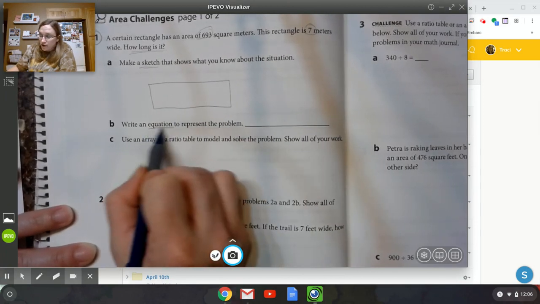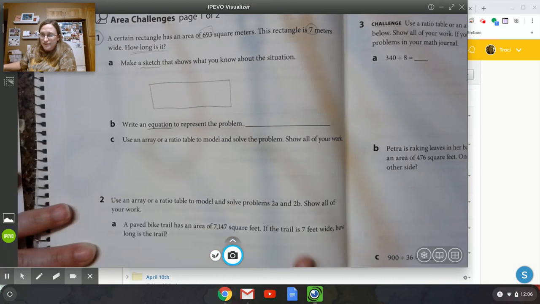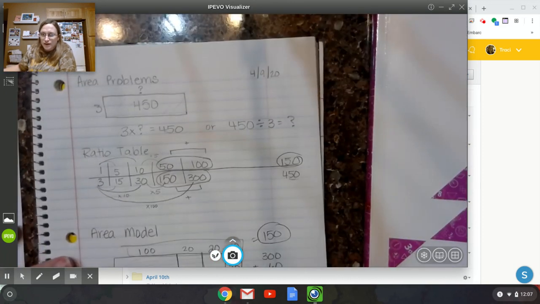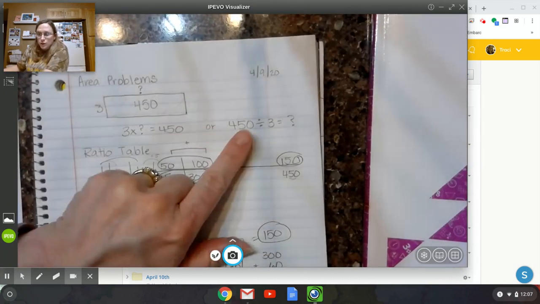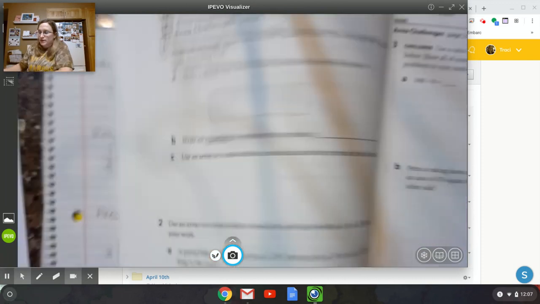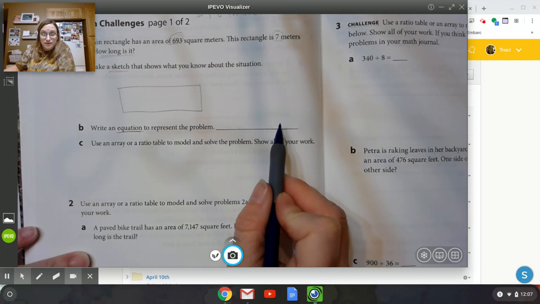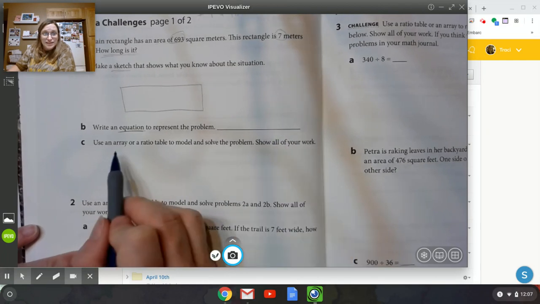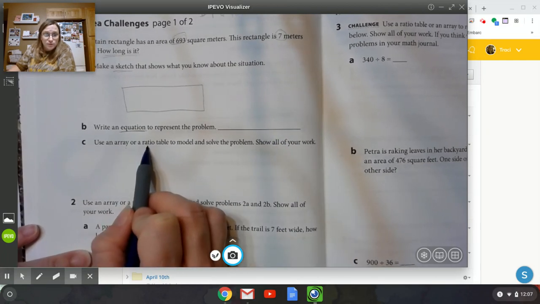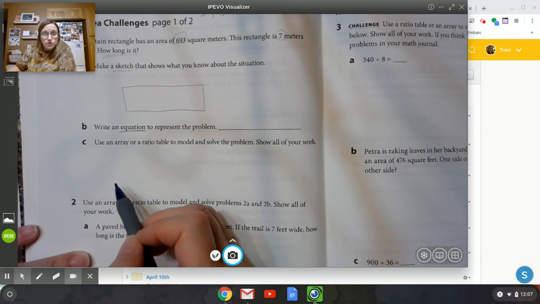Then create your equation. Now, if you think about it, it gave you a big hint with what we were doing today. We're probably going to have some division. So your equation might look something like our practice problem with some division and an unknown. Then it says here, use an array or a ratio table, or maybe you want to try the traditional way.